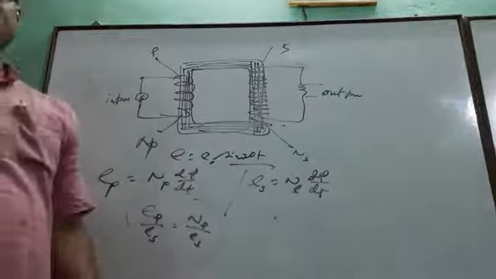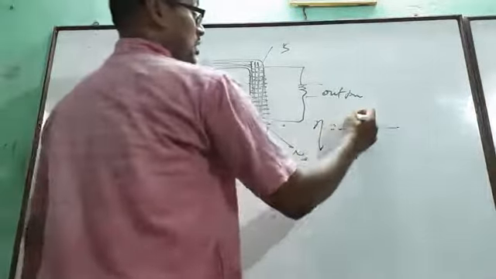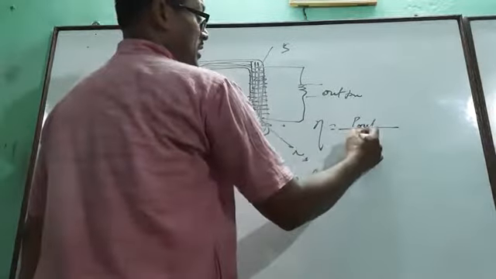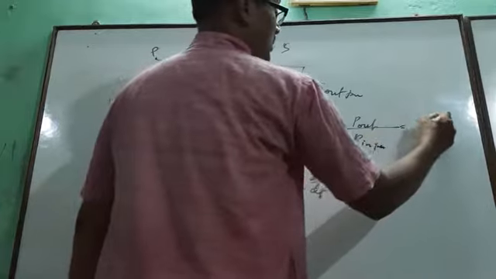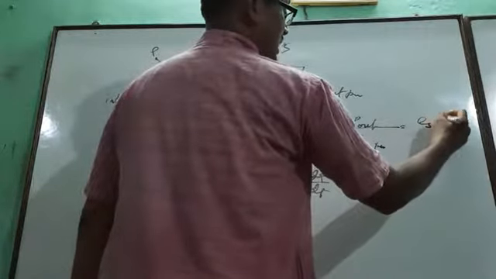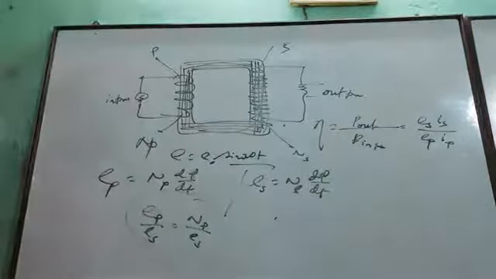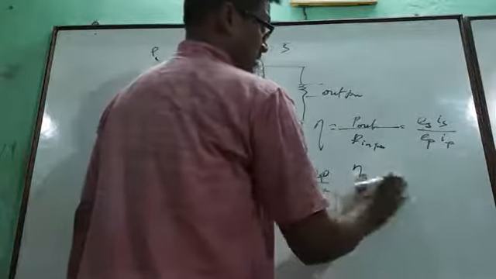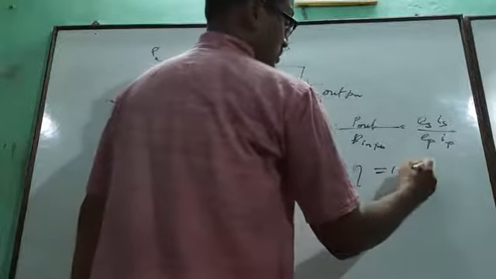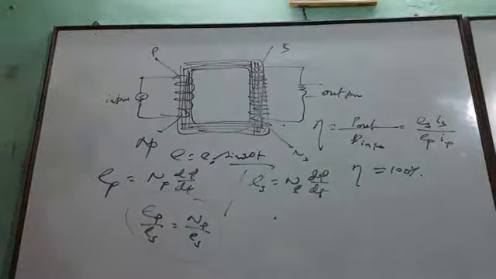Now what is the efficiency of the device? Efficiency eta equals output power by input power, that is E secondary I secondary over E primary I primary. If we find that eta equals 100%, it is not possible, because some energy will be lost due to heating effect or hysteresis.